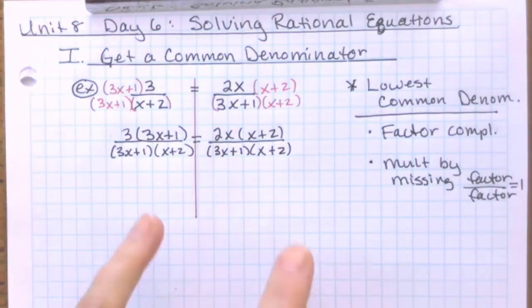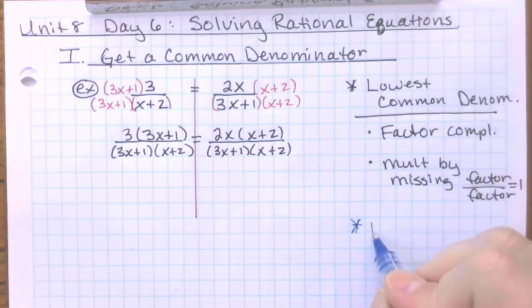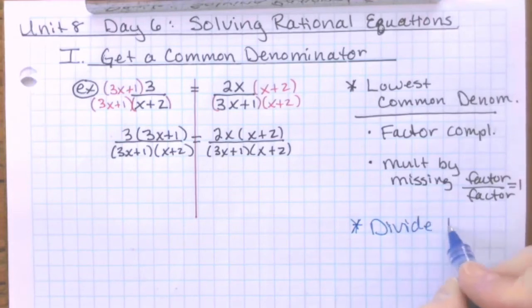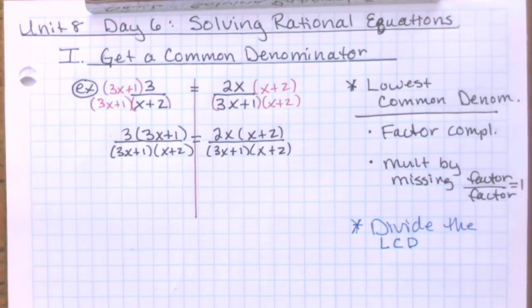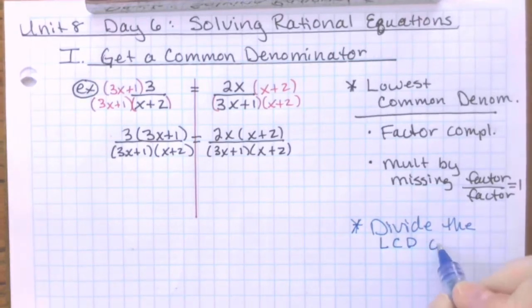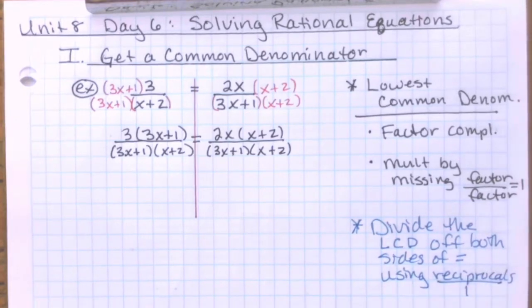So now that we have a common denominator, we're ready for the next step in the process, which is to divide the lowest common denominator, LCD, off both sides of the equal sign using reciprocals over 1.